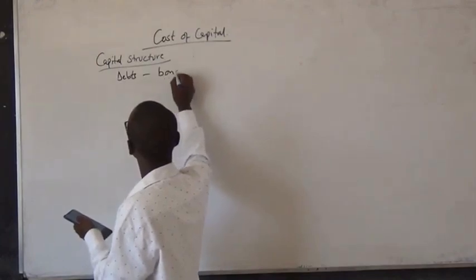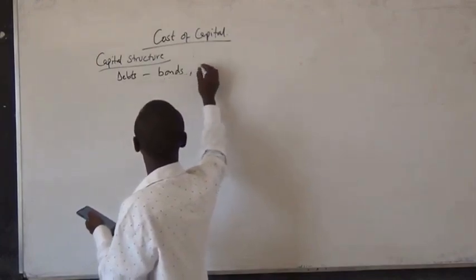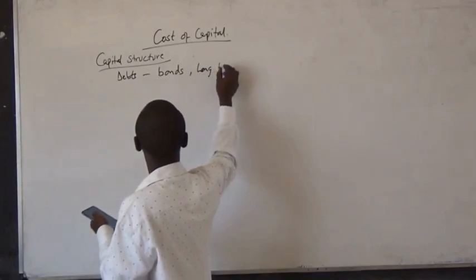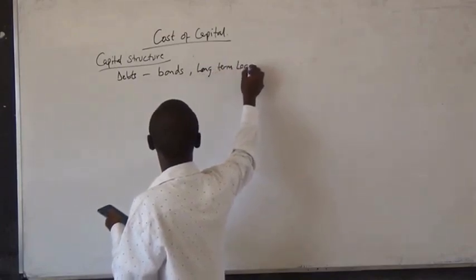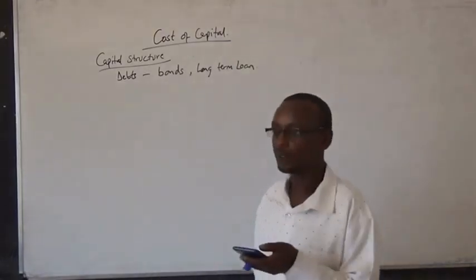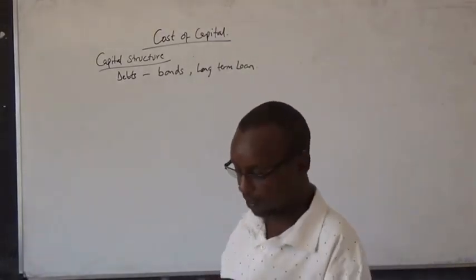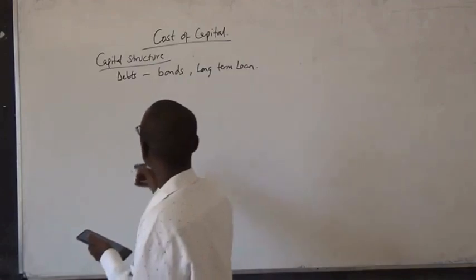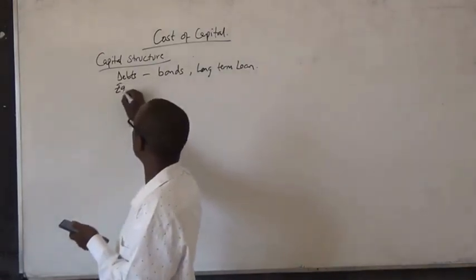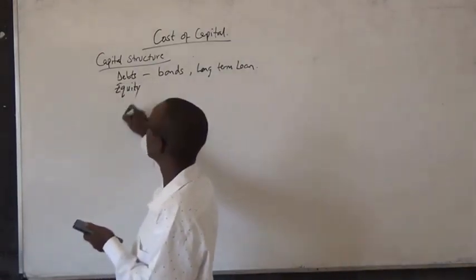This is either bonds or a long-term loan. What are bonds? Then there is another one called equity. What is equity?